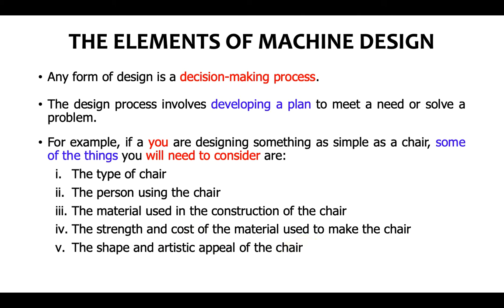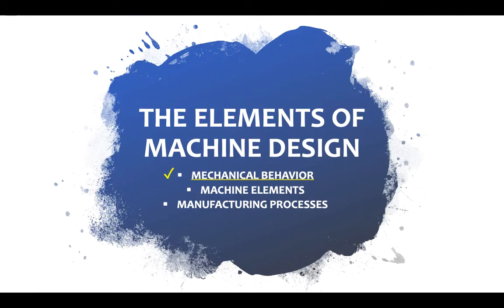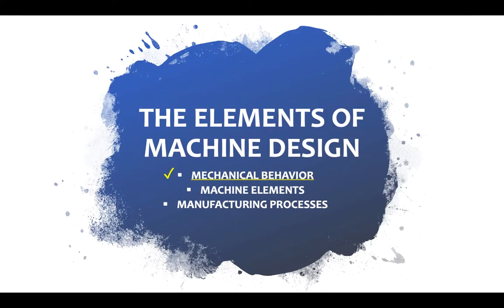In this section, we are concerned with the elements of machine design. In mechanical engineering, a machine is any mechanical system that transforms or transmits energy to do useful work. Whether you are a mechanical engineering student or simply an entrepreneur student brushing up on your technical knowledge, it is important to understand the mechanical behavior or mechanical properties that define the elastic or inelastic characteristics of different materials.